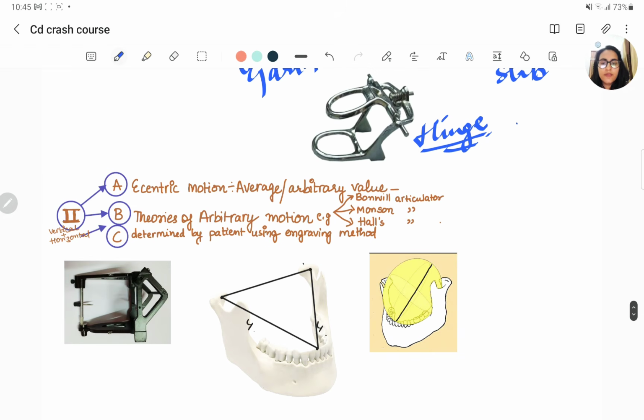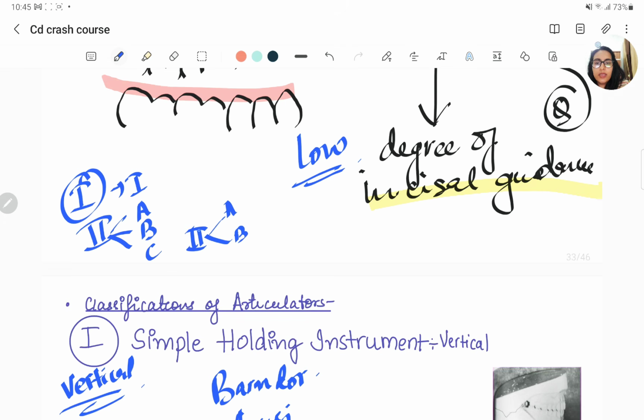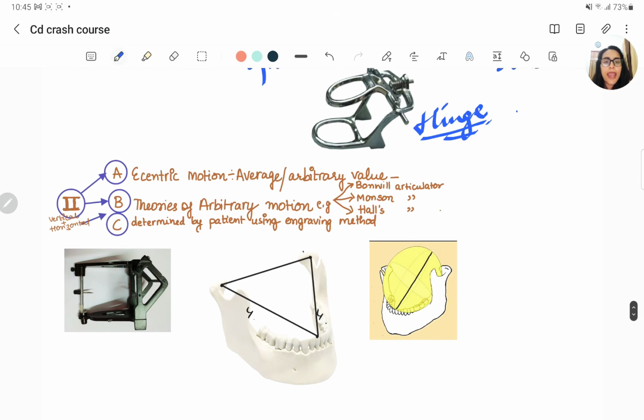Class 2 articulator: first of all, see, class 1 there is only one. Class 2, we have A, B and C. Class 3, only A and B. And class 4, also A and B. So class 2, we have three subtypes, A, B and C. A is average or arbitrary values, B is based on the theory, and C is based on the patient.